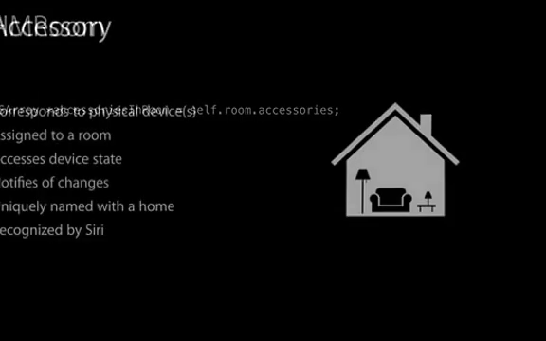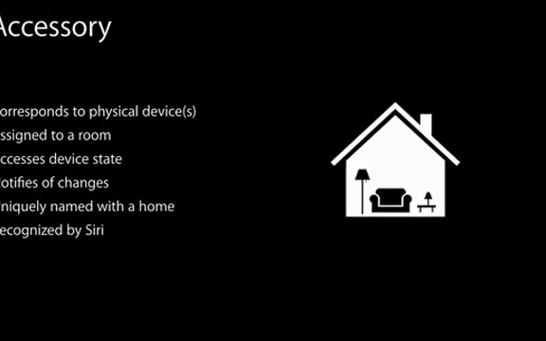Let's move on to accessories. So an accessory corresponds to a physical device. Accessories are assigned to a room, and that can change. You can assign an accessory to a different room. Accessory objects allow you to access the device state. Can I talk to this accessory right now, for example? We'll notify you of changes to that accessory.